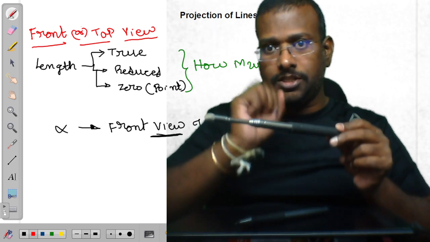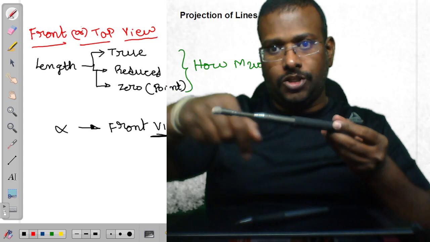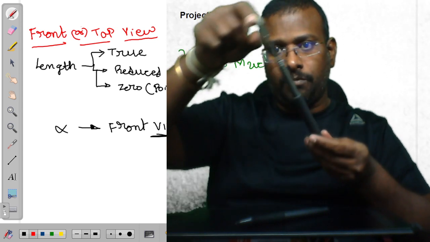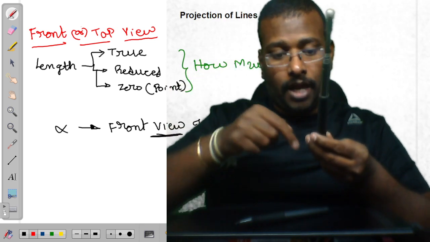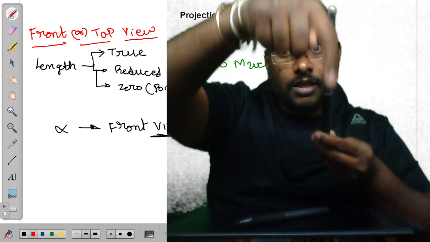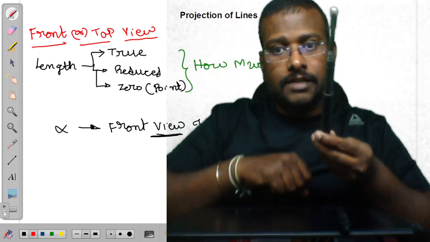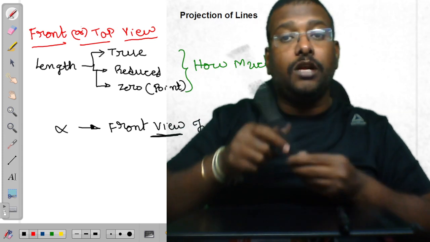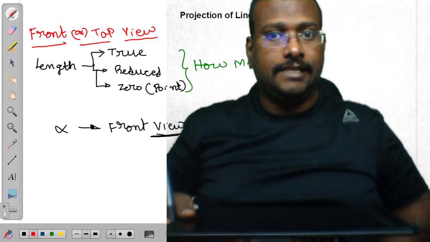This is the object inclination. Now, without changing this distance, I am rotating it. It is inclined to VP only, but this shadow falls here, and the top view appears like this. Therefore, it is perpendicular to the XY line.